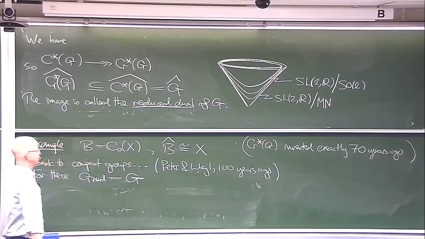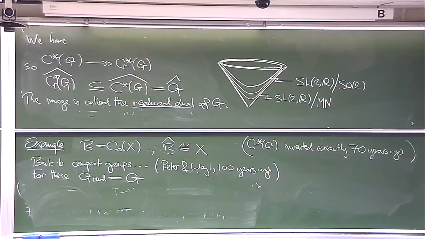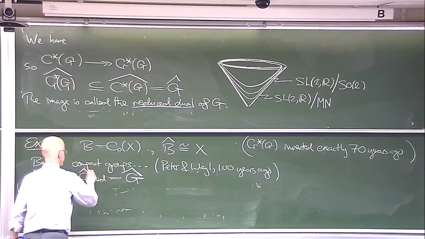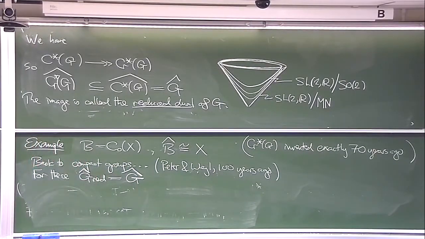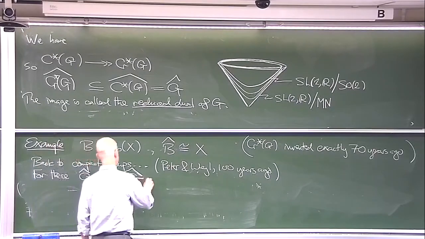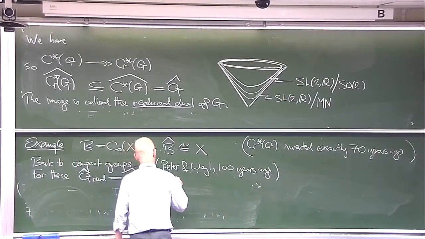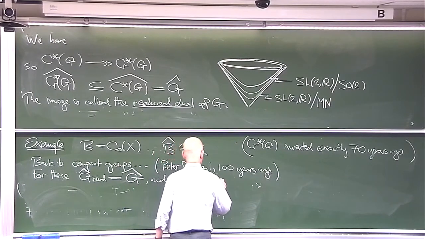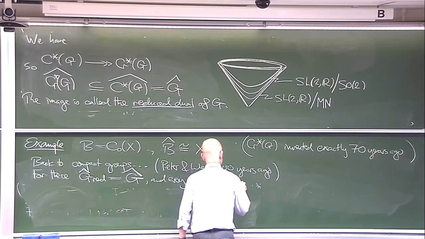So one of the things that Peter and Weyl showed is that every irreducible unitary representation of G is in this so-called reduced dual. And while we're at it, every irreducible unitary representation is finite dimensional.